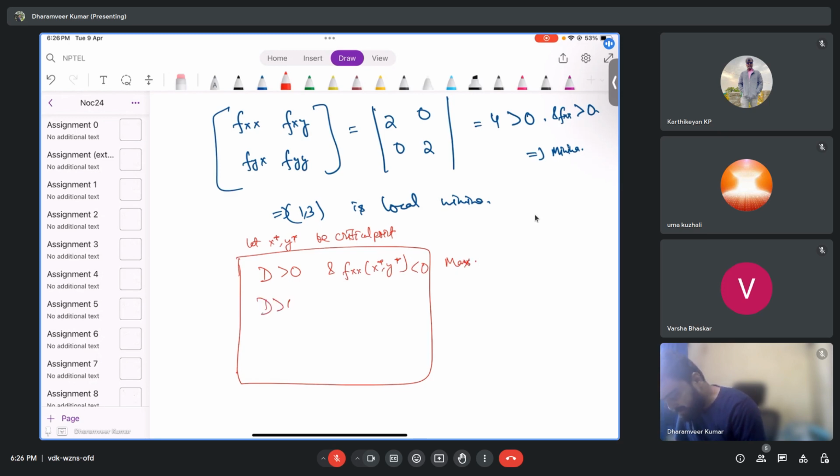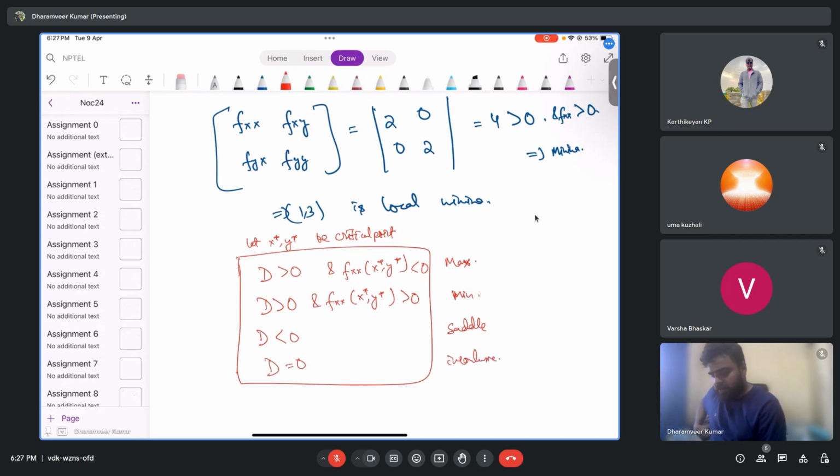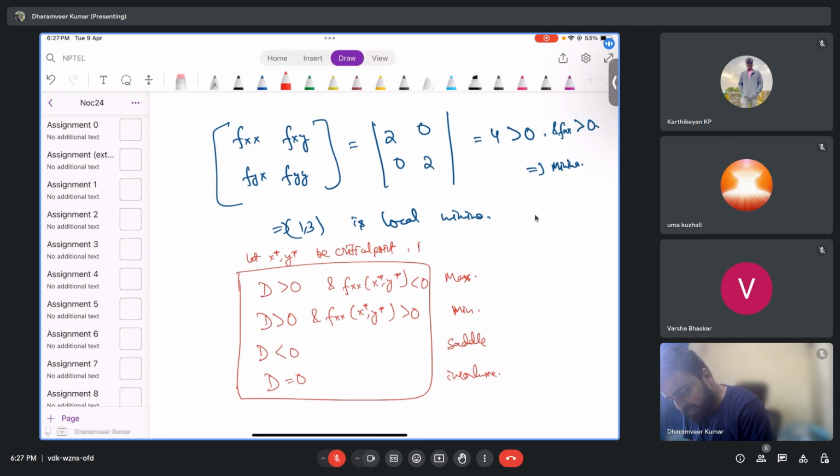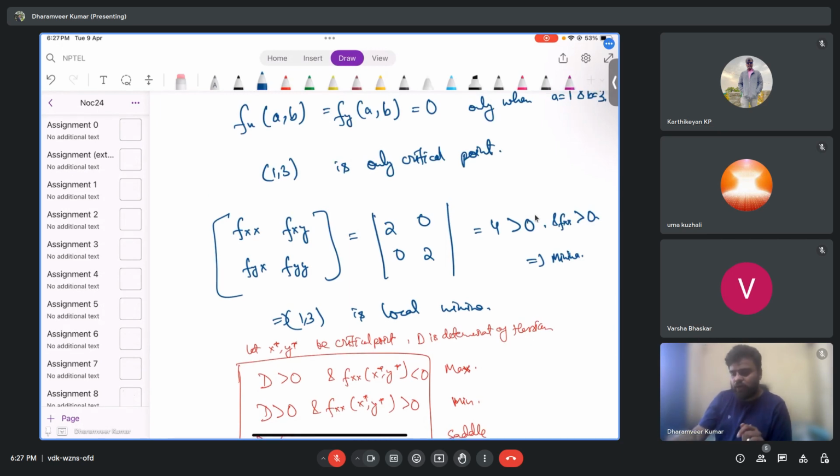D is greater than 0 and fxx at x star, y star is greater than 0, then minimum. If D is negative, saddle point. If D is 0, inconclusive. Okay? Just remember this about the minimum. It's a local minimum.